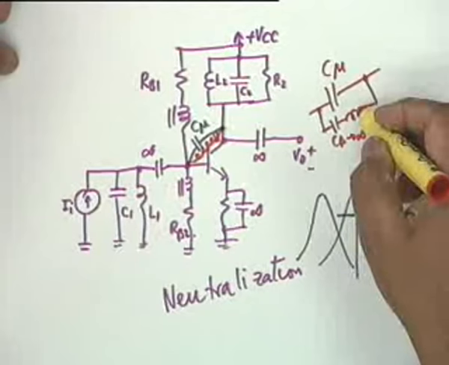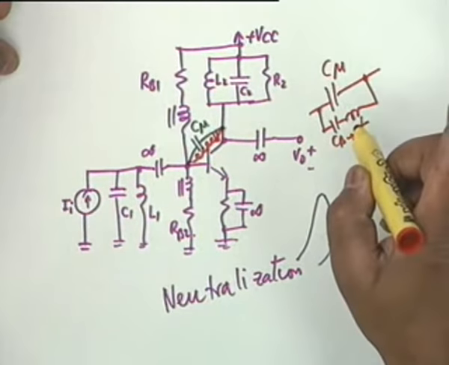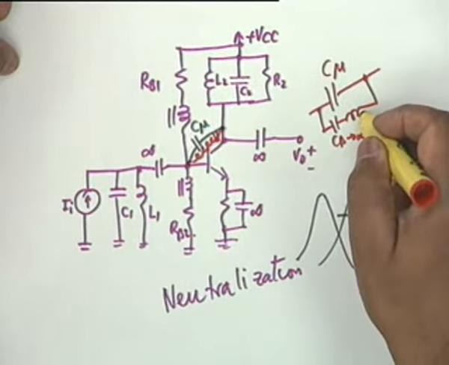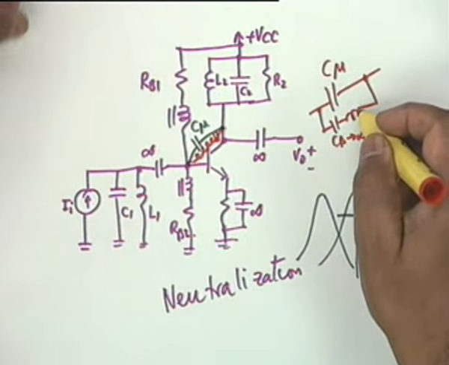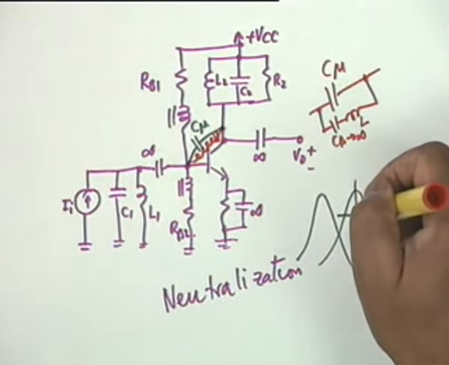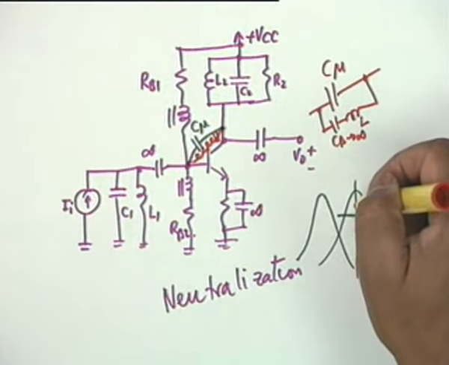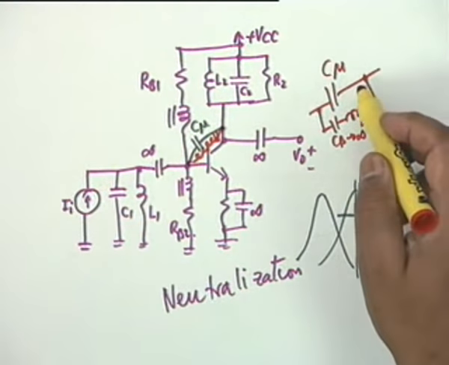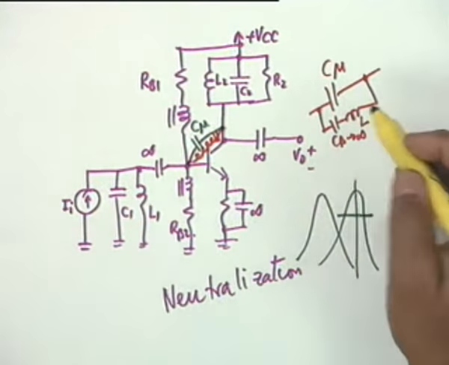But what is the problem is that this inductance should be such that the impedance of this is approximately infinity, not only at omega 0 but around this. In other words, this is a very critical adjustment. Nevertheless, it is done. How it is done is the following. Tuning a small inductance is a very difficult problem. You have to use a core, and the core has to be adjustable and things like that.